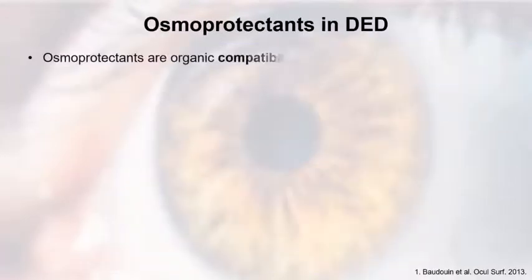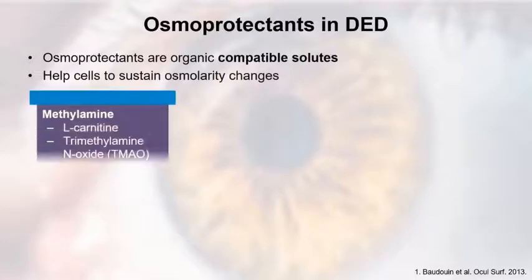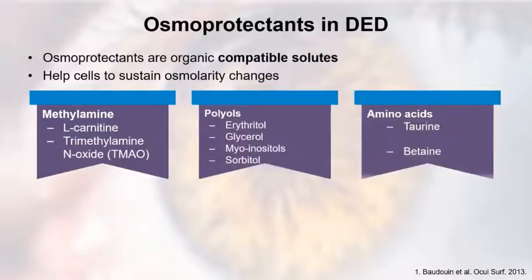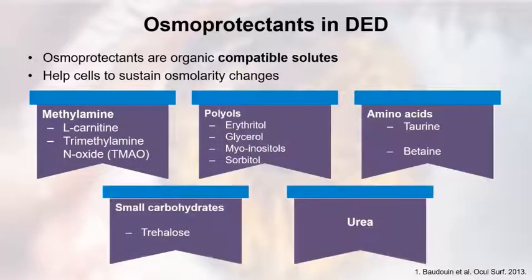So how do you deal with that? Well, there are certain compatible solutes or osmoprotecting agents used by the pharmaceutical industry, like L-carnitine, erythritol, glycerol, trehalose. These help reduce the cell damage on the surface of such kind of dry eye.